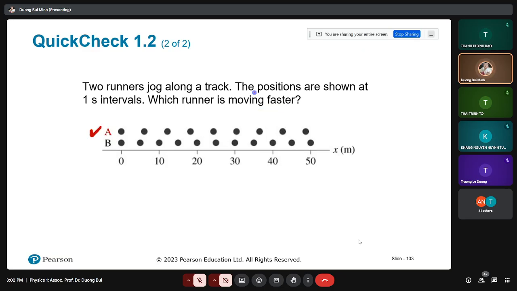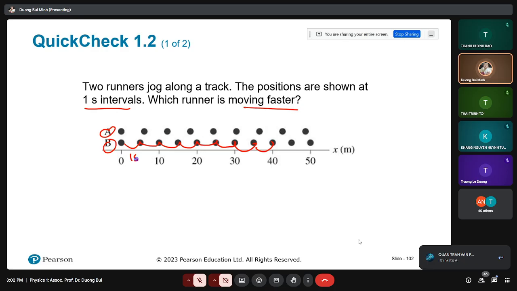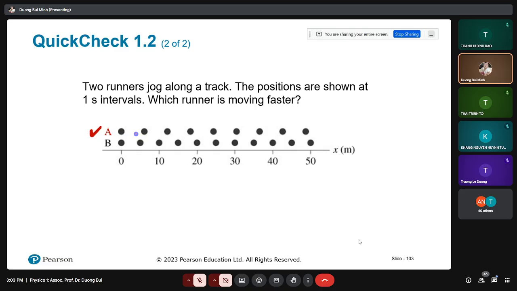We have the same interval, 1 second, but for 1 second we move from here to here, here to here. We have the constant speed, but after 1 second you get a distance here, and after 1 second you get a distance here. So that means runner B is moving faster.